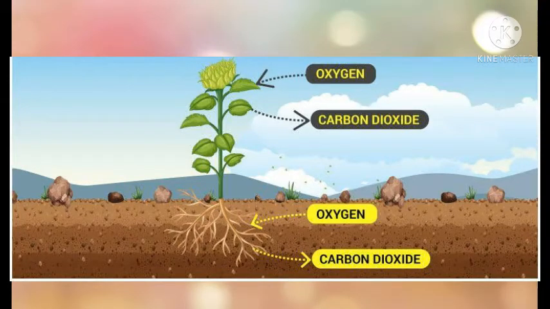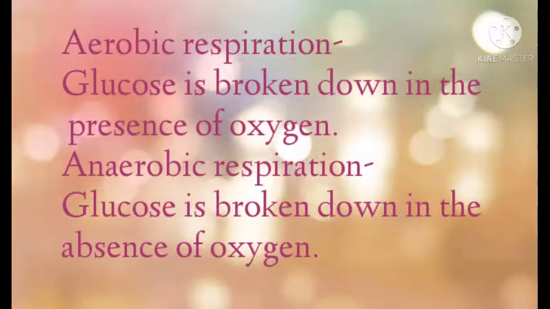The process of respiration takes place in two ways, either in the presence of oxygen or in the absence of oxygen. So respiration is of two types, aerobic respiration and anaerobic respiration. Aerobic respiration is the type of respiration in which glucose is broken down in the presence of oxygen, and anaerobic respiration is the type in which glucose is broken down in the absence of oxygen.